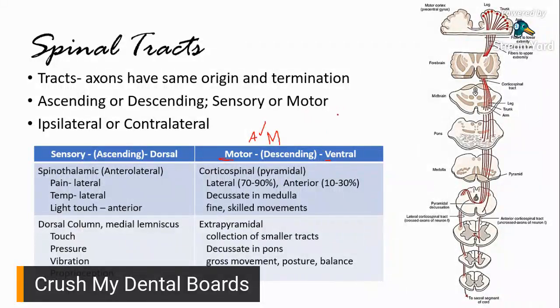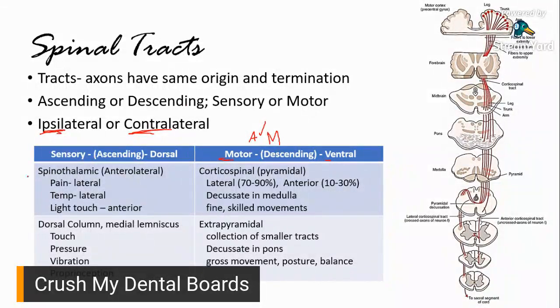It's descending because it's from the brain going down. Now, sensory, it's ascending because it's from the outside going to the brain. Okay. Now, what are the different? Ito pa pala. The spinal tracts can also be ipsilateral and it can also be contralateral. We all know what this means. Ipsilateral, same side. Contralateral, opposite sides.